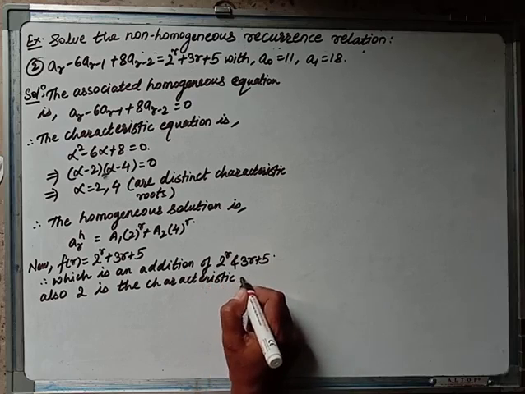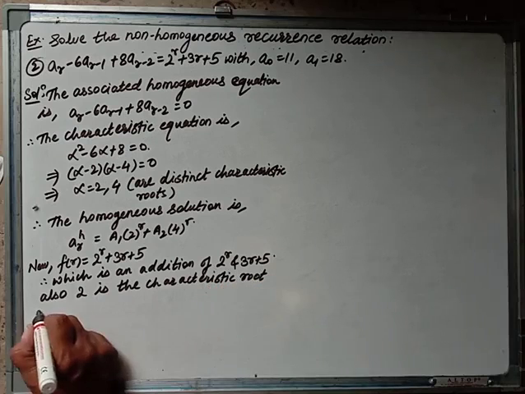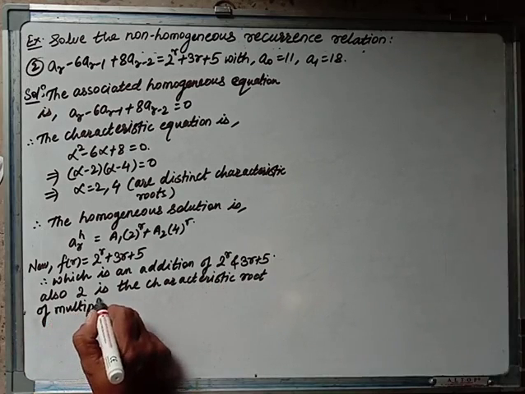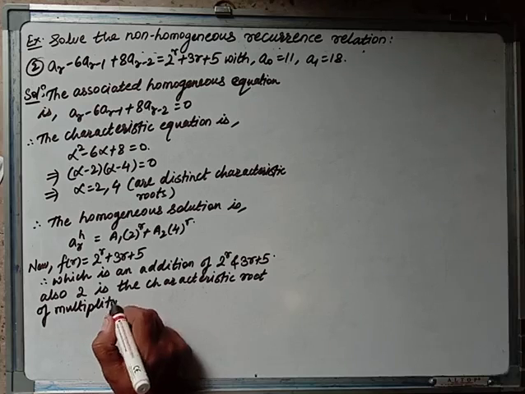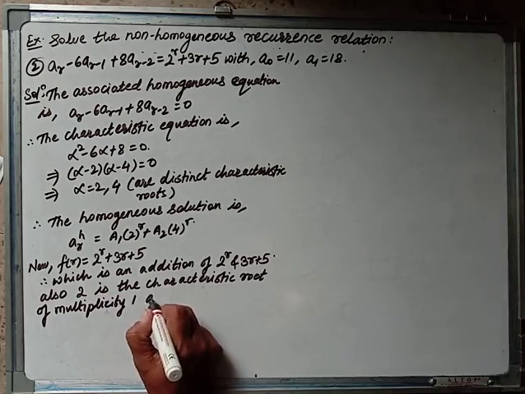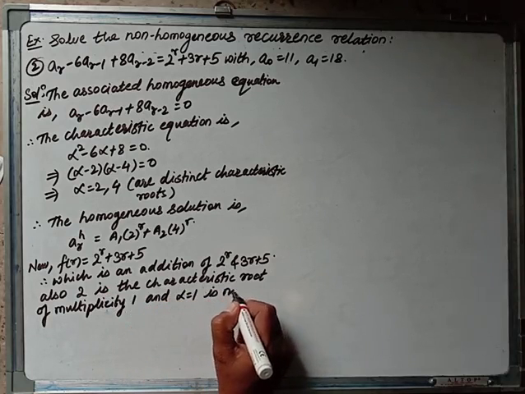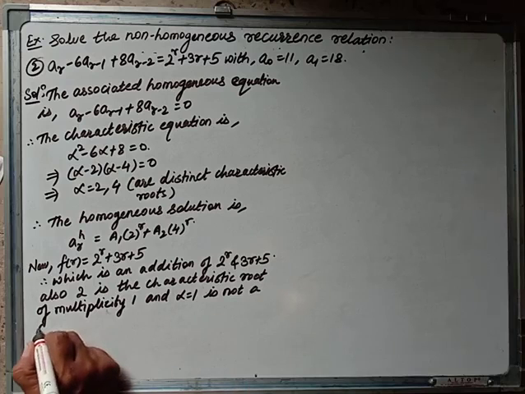Characteristic root of multiplicity 1, and alpha equal to 1 is not a characteristic root.